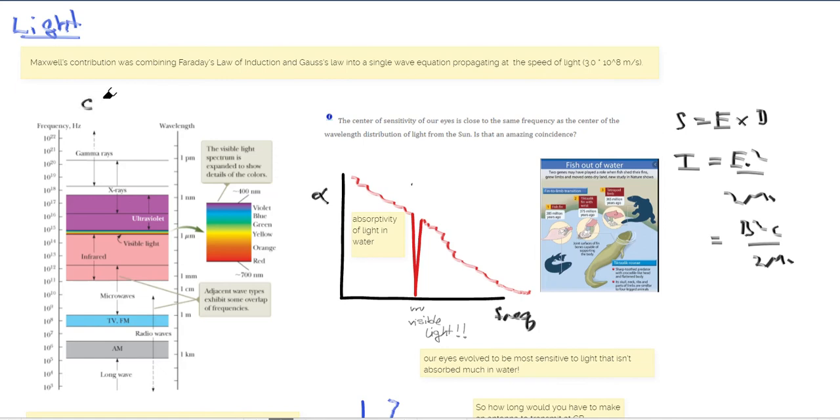And remember that the wavelength and frequency of light are related by this formula, c equals wavelength times frequency. So all of these forms of electromagnetic radiation travel at the speed of light c, and so wavelength and frequency are basically inversely proportional to one another.